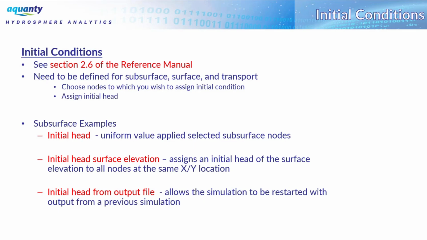That output can then be used as a starting point for subsequent transient simulations. You don't want to go straight from a fully saturated model right to running like a daily transient simulation over the course of 10 years, because the starting point for these transient simulations is going to be quite important.